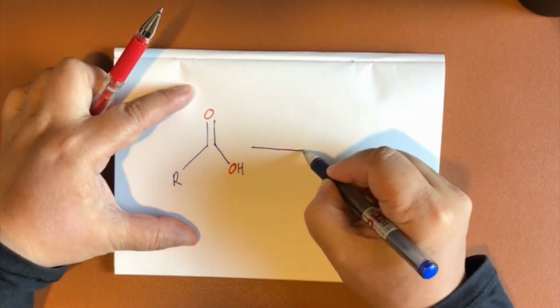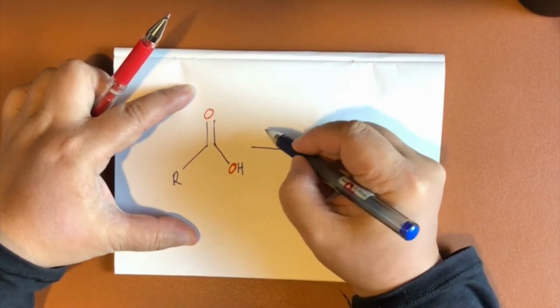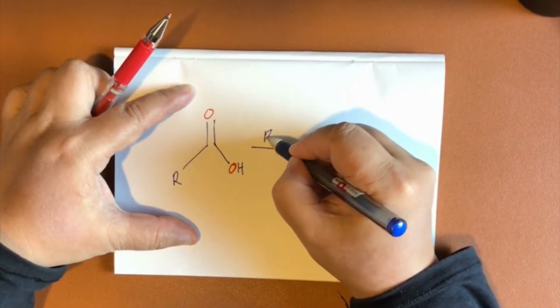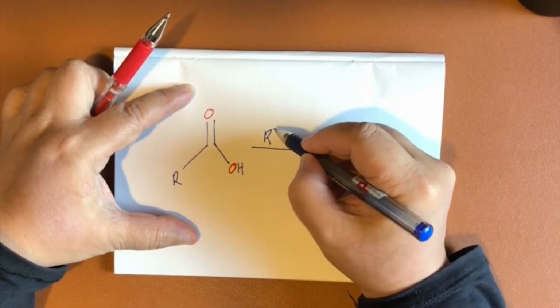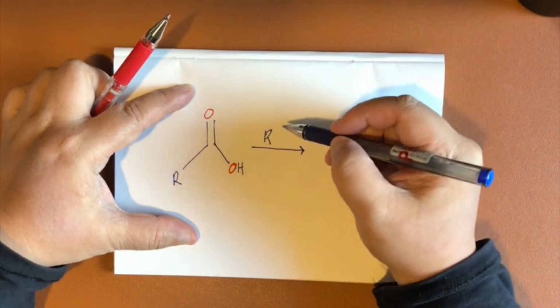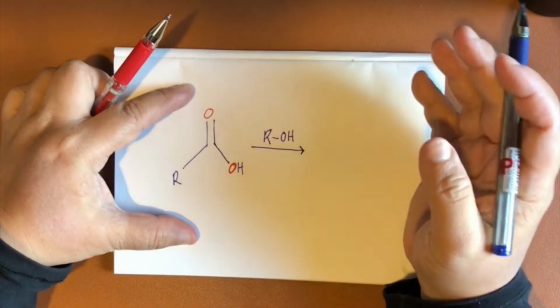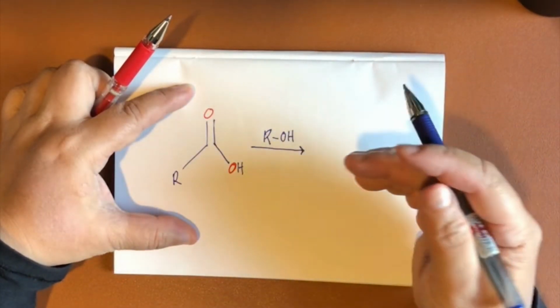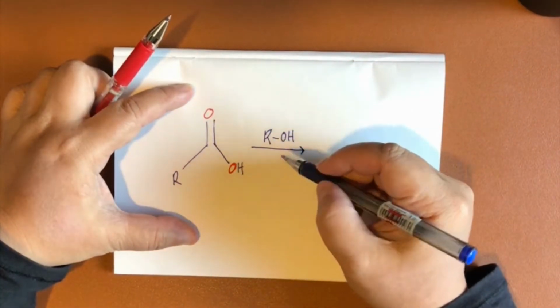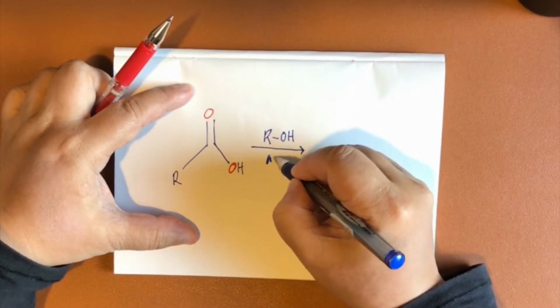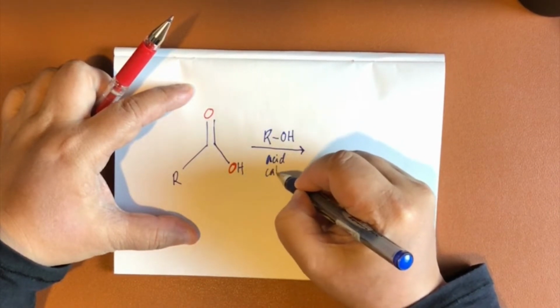So reagents on top: any alcohol, R representing a general group in organic chemistry, in the presence of a large amount, or in excess, of alcohol and with an acid catalyst.